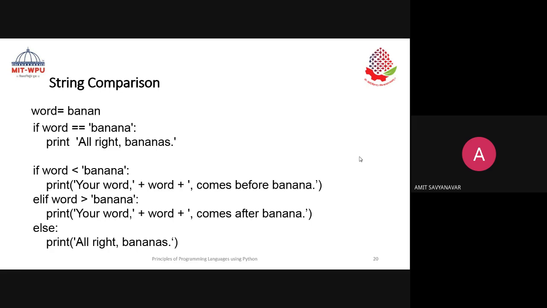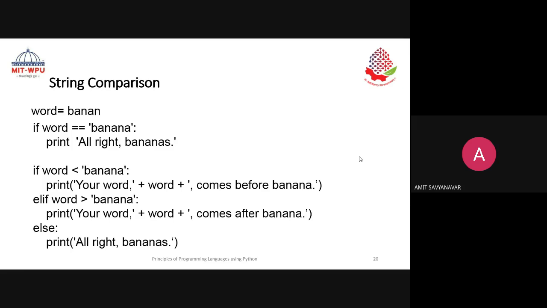So what is happening is the string on the left hand side is compared with the string on the right hand side. A character by character comparison is carried out. The Unicode of the first character in the left side string is compared with the Unicode of the first character on the right hand side. Then it continues with the next character till it reaches a point where whatever is on the left hand side is less than or greater than the one on the right hand side.